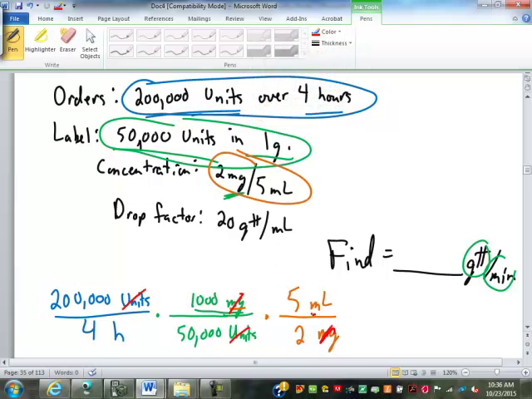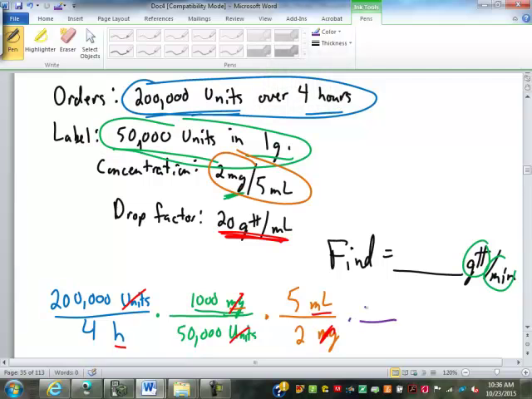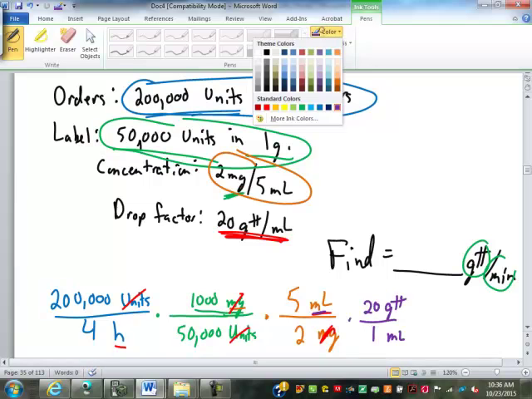So what I have right now is milliliters over hours. I want drops over minutes. Well, my next step here, I can change milliliters into drops. I have that relationship, 20 drops per 1 milliliter. So my next fraction, the milliliters are on top, so I'll put milliliters on bottom, going into drops. 20 drops per 1 milliliter.